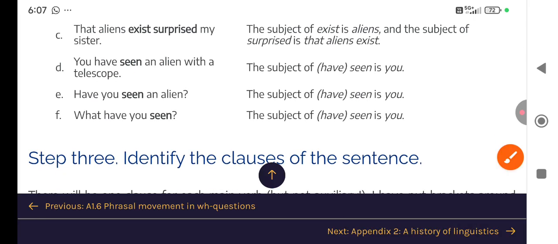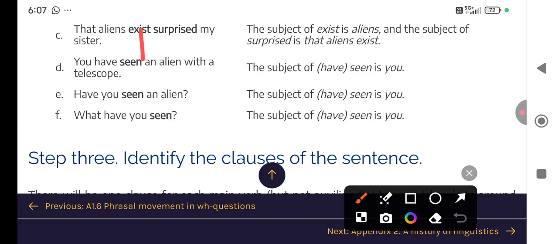Okay, in the third sentence, the subject of exists is aliens. The subject of exists, here first of all verb, right? This is aliens. And the subject of surprised... surprised that aliens exist.